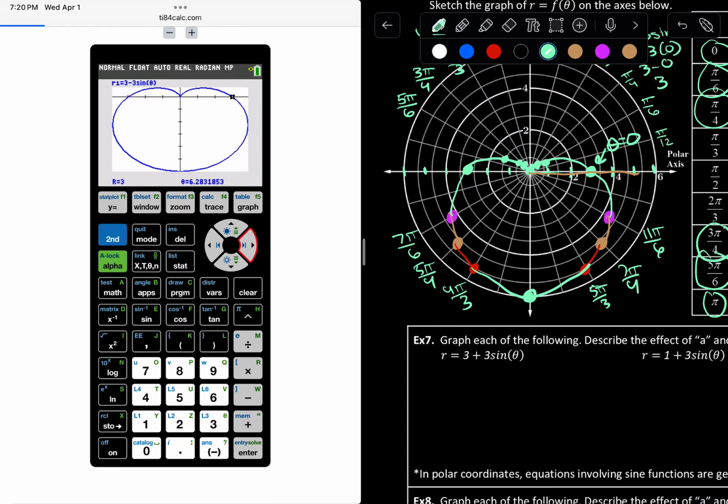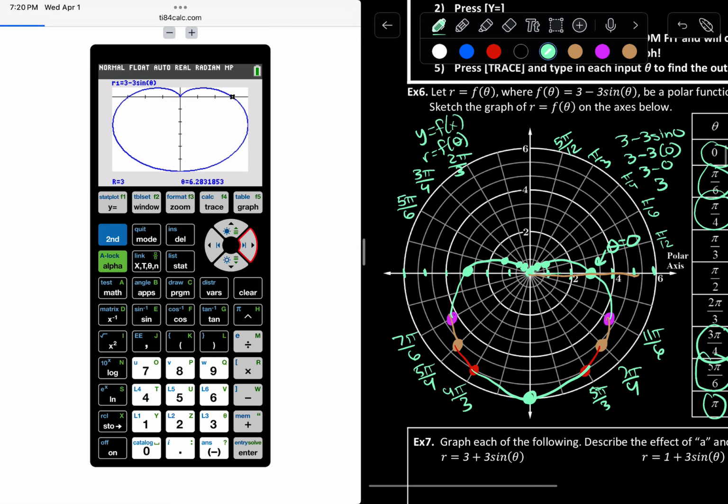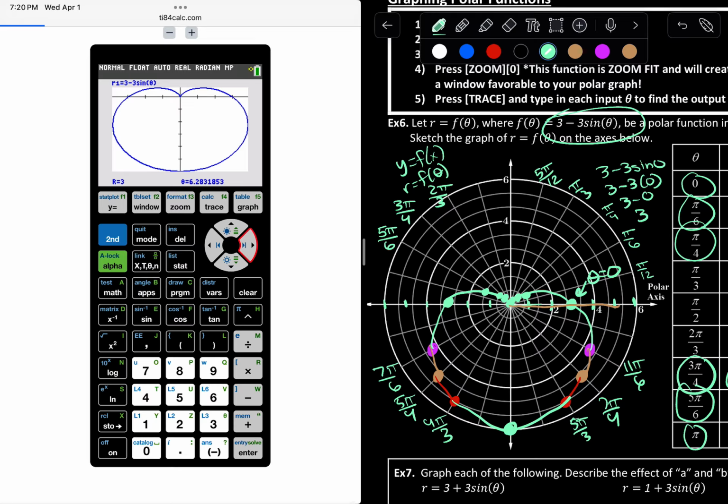And in polar, they could go clockwise, they could go counterclockwise. It all depends on this function. However, the orientation does not change. So if I'm starting at 0 here, that means it's going this way. It's going to go counterclockwise for the entire curve up until we get to here.